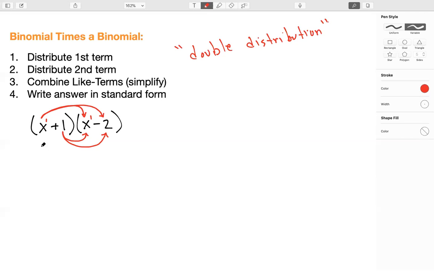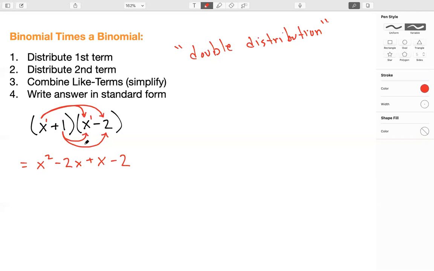Okay, so x times x is x squared. X times -2 is -2x. 1 times x is x. 1 times -2 is -2.